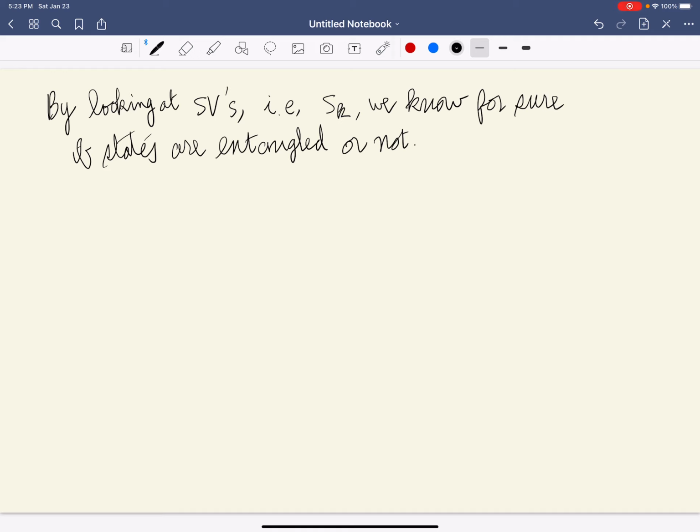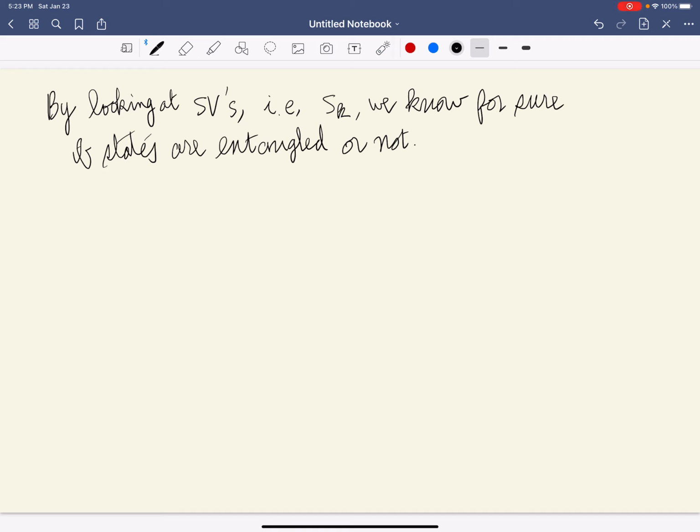Okay, so there's an interesting possibility of trying to interpret all of these singular values as some sort of probability function.